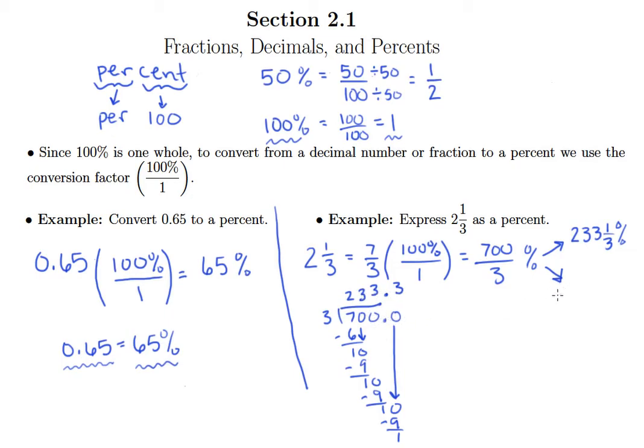And so remember, the way we express that is after the decimal point, once we determine that a digit will repeat forever, we write that digit one time, put a bar over it, and express our percentage in that way. And either one of these is okay.